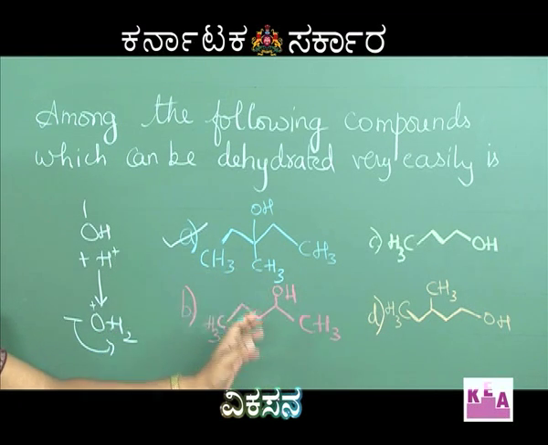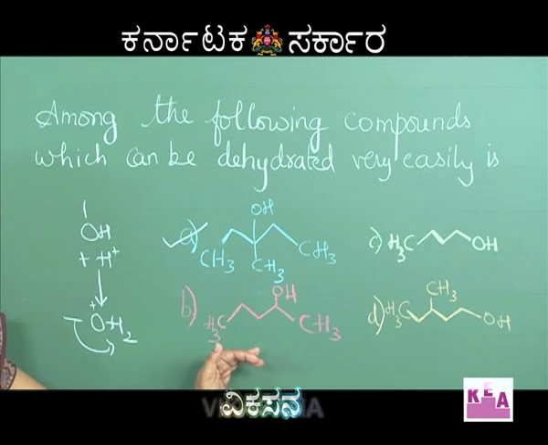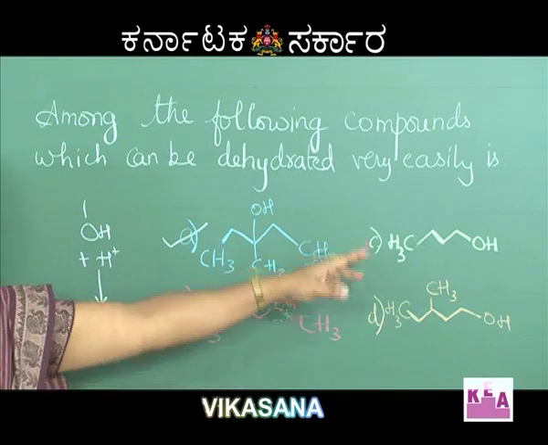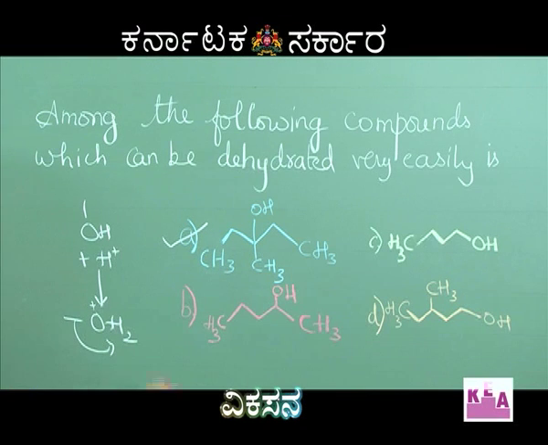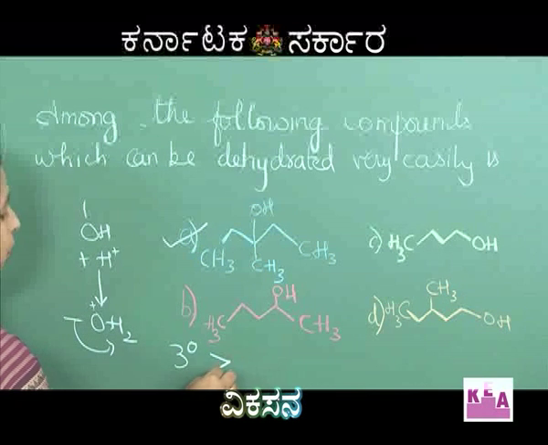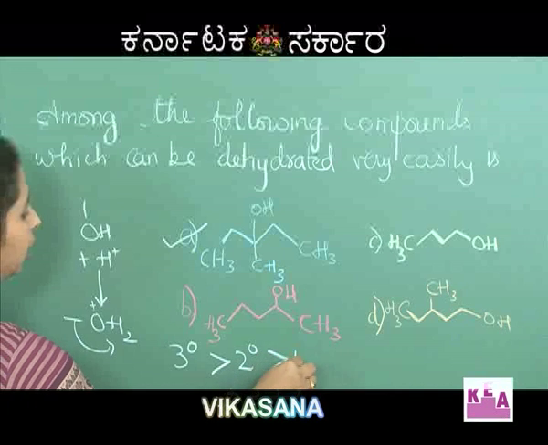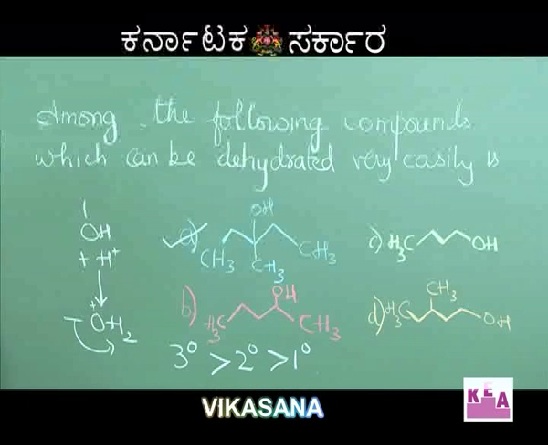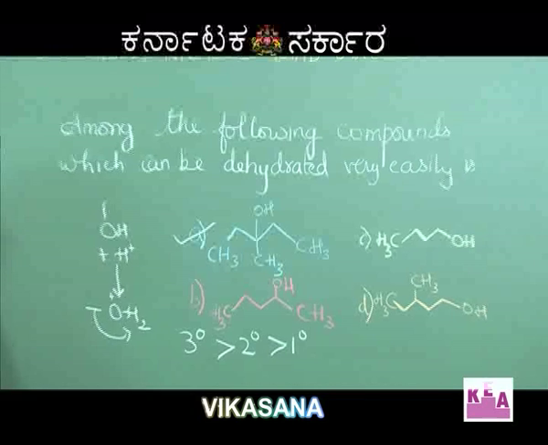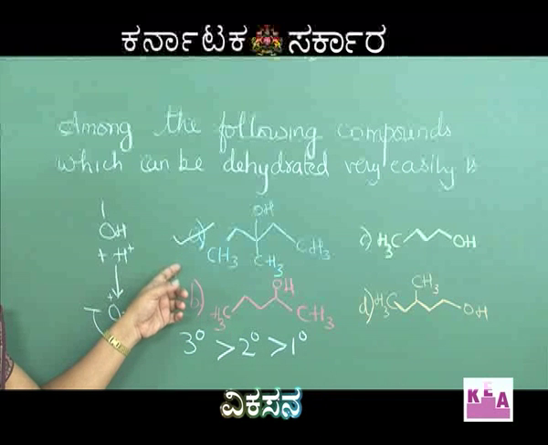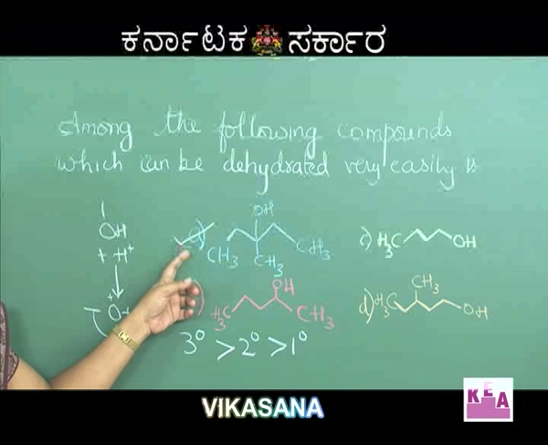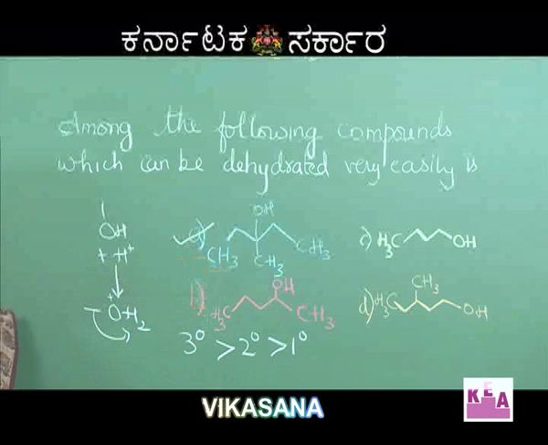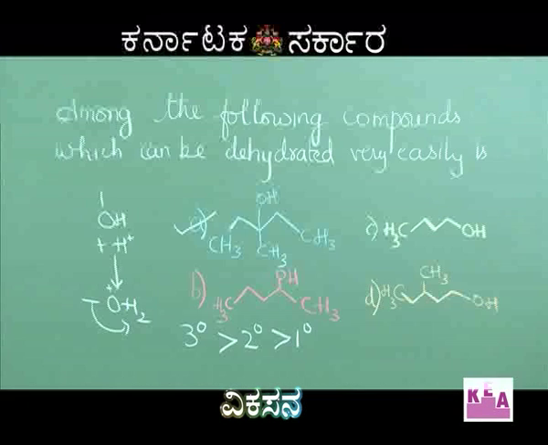Removal of OH from the compound will lead to secondary carbocation and primary carbocation. We know according to inductive effect, the tertiary carbocation is more stable than secondary carbocation, which is more stable than primary carbocation, and therefore tertiary carbocation is easily formed. Since it can be easily formed, dehydration occurs faster in tertiary alcohols compared to the other types of alcohols, and hence option A is the correct option.